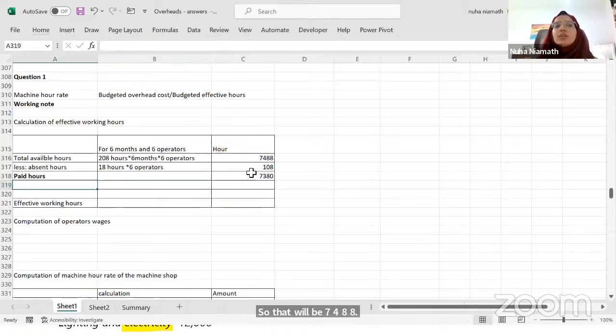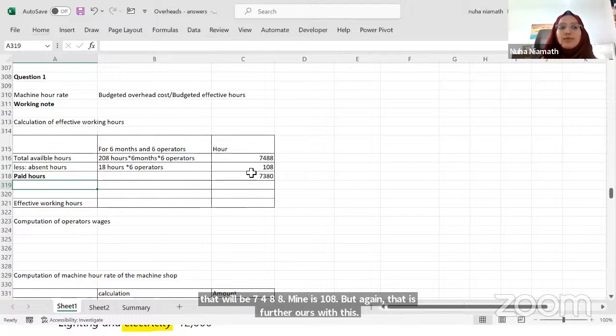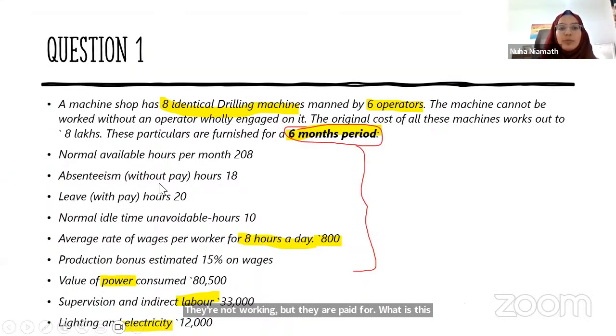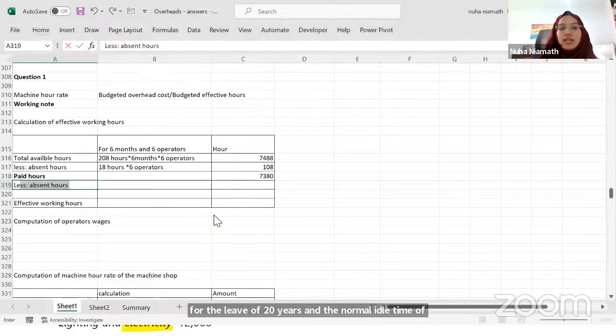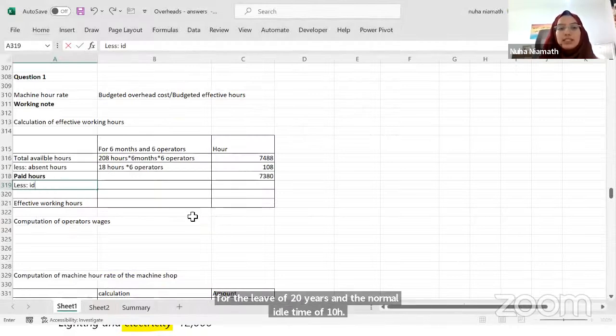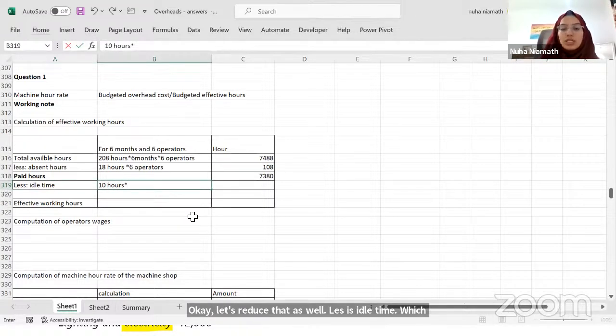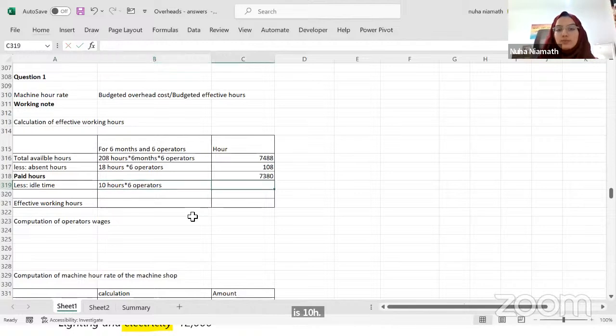But again, there are further hours for which they are not working, but they are paid. What are these hours? There's something called the leave pay, for the leave pay of 20 hours, and the normal idle time of 10 hours. So let's reduce that as well. Less idle time, which is 10 hours into 6 operators, 10 into 6.